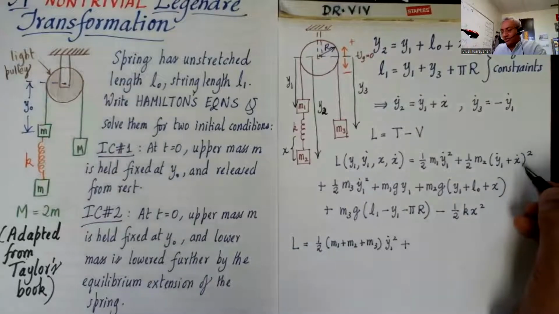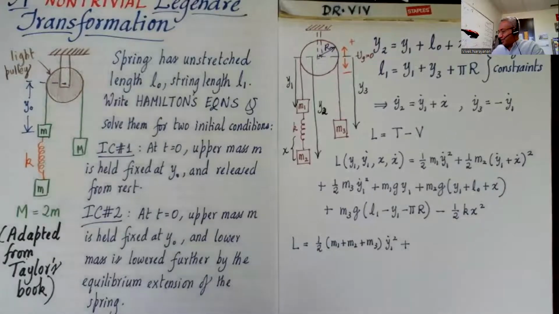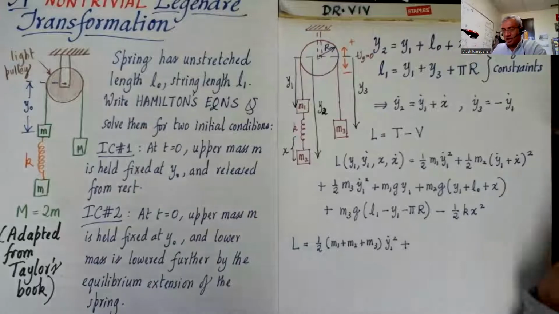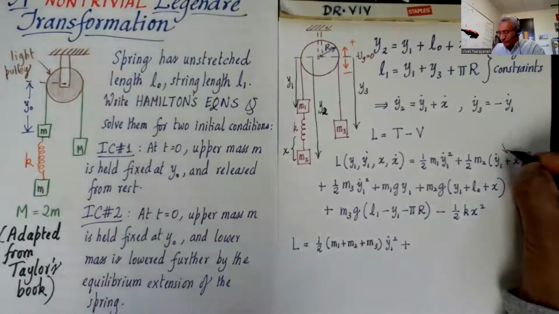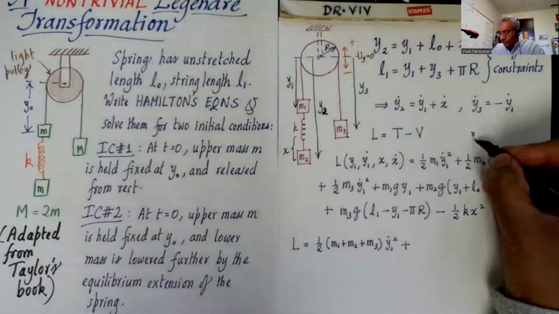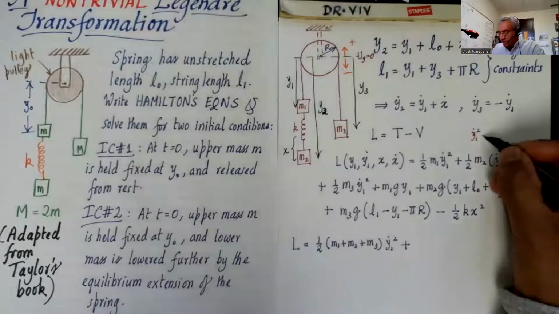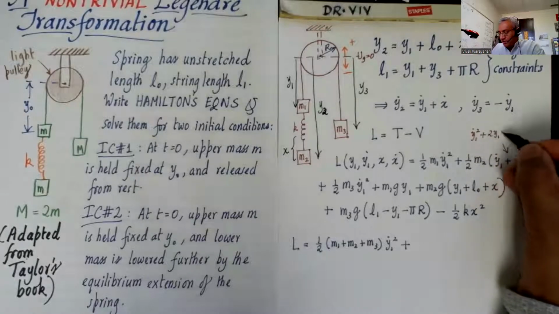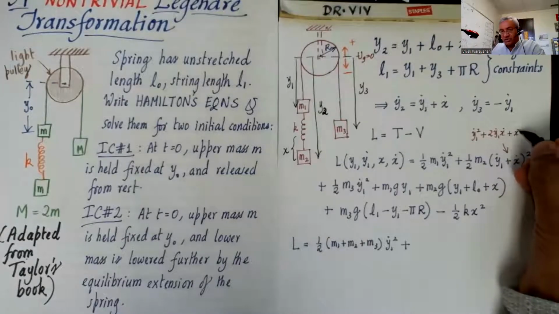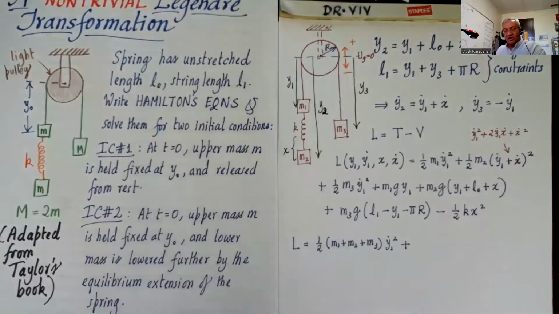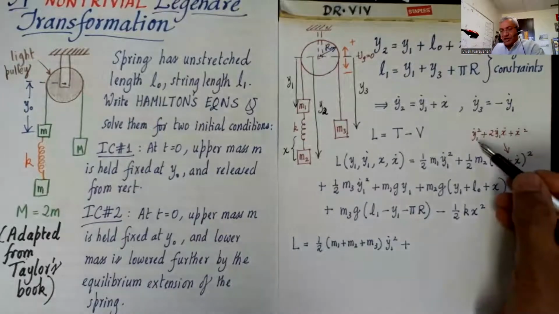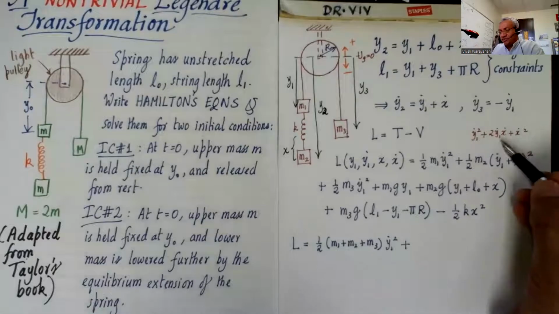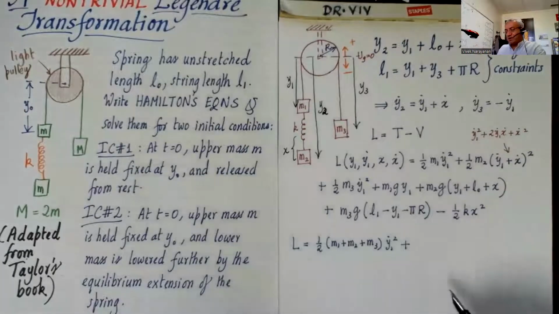When I expand this, I would have got y1 dot squared plus 2 y1 dot x dot plus x dot squared. So I've only taken care of the first term. I still have this term and that term, so keep that in mind.